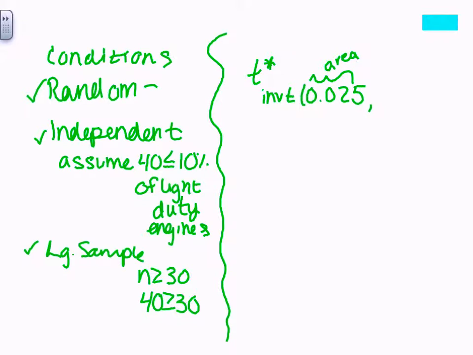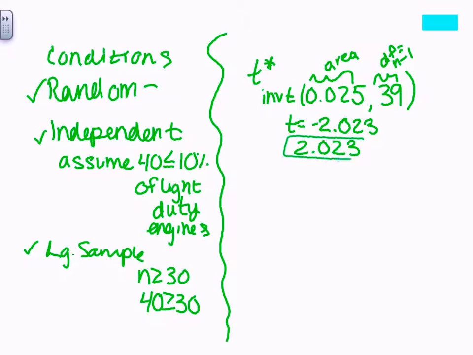And then your degrees of freedom here is going to be 39. Your degrees of freedom are found by doing your sample size minus 1. 40 minus 1 is 39. You are going to get a t-value of negative 2.023. Of course, it's a confidence interval that we need, so we're going to use the positive.